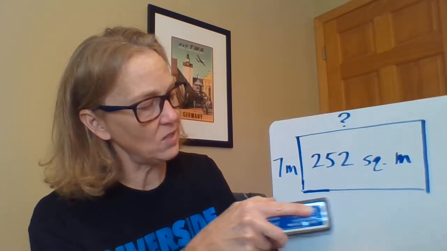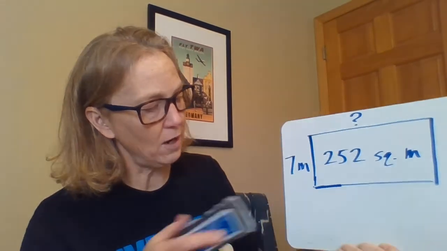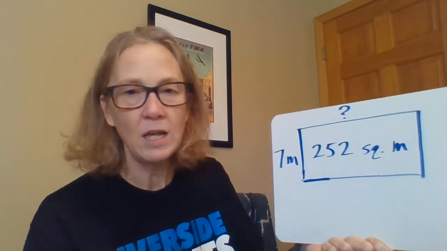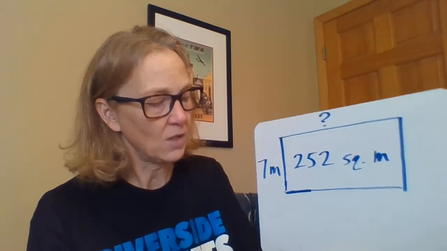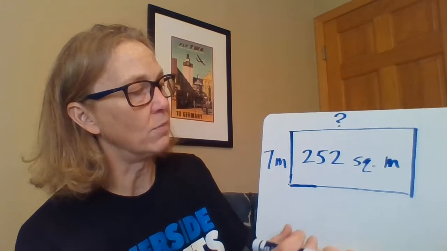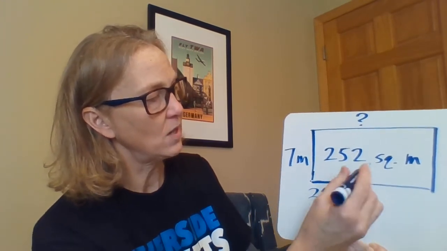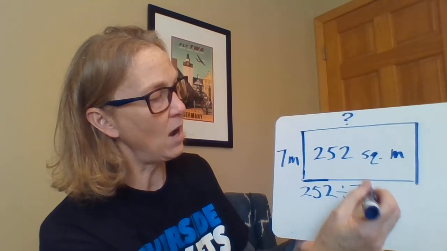I know that in the past, we've really used our area model as a multiplication strategy. Well, now we're really going to be taking a big step and trying to use our area model as a possible strategy to help us with some division problems. So we would have our inside area, in this case, 252 square meters, divided by our known dimension of 7 meters, and then that will give us our unknown dimension.